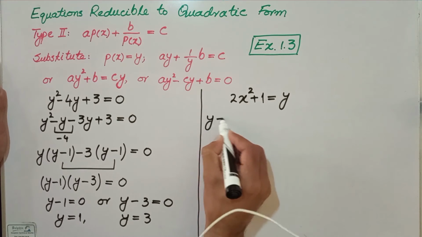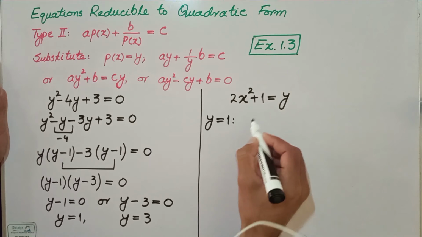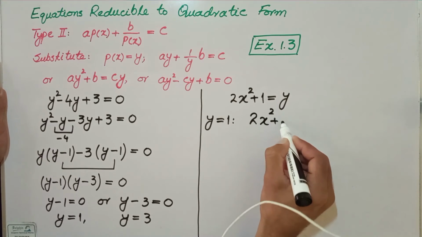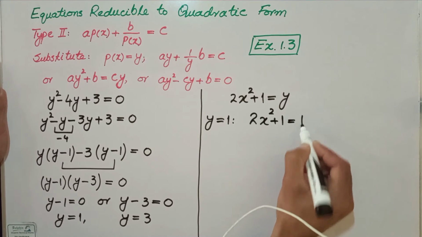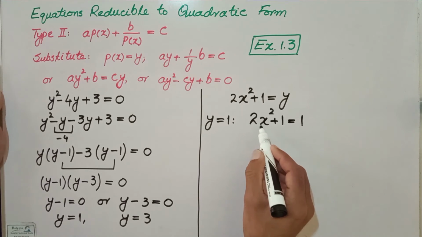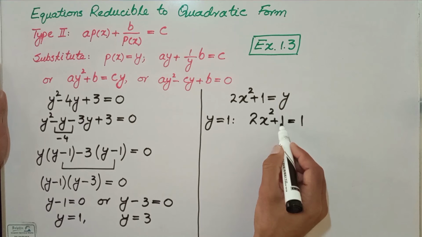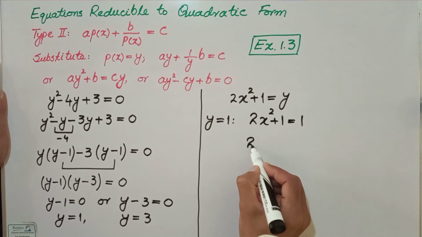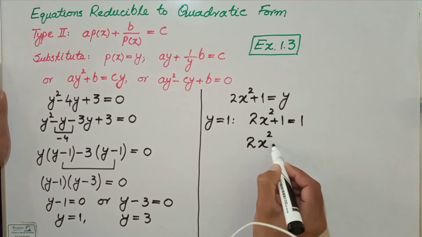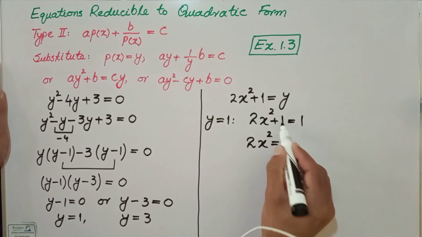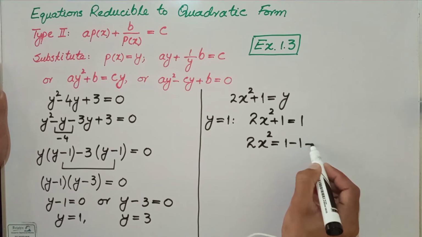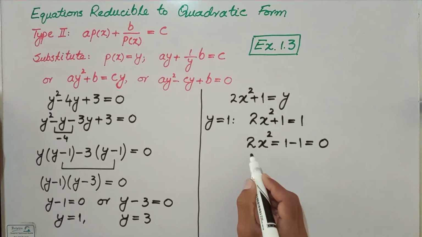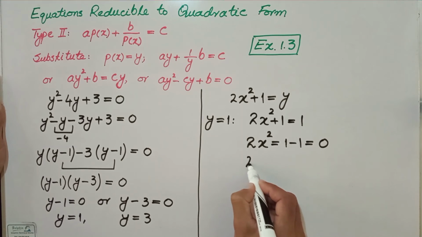When y is equal to 1, we have 2x square plus 1 is equal to 1. We'll solve this equation for x. First we shift this 1 to the right hand side. We have 2x square is equal to 1, and this 1 becomes negative 1, or 1 minus 1 is equal to 0. Now 2x square is equal to 0.